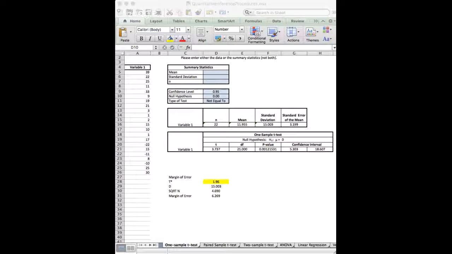Okay. Point estimates. How about point estimate calculator? Oh, nice. That works. All right.